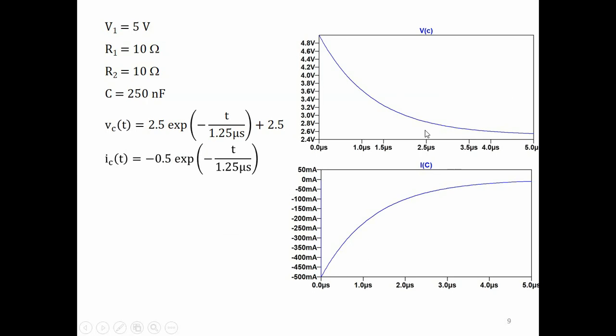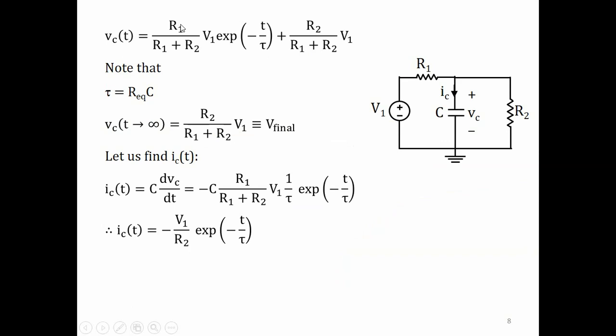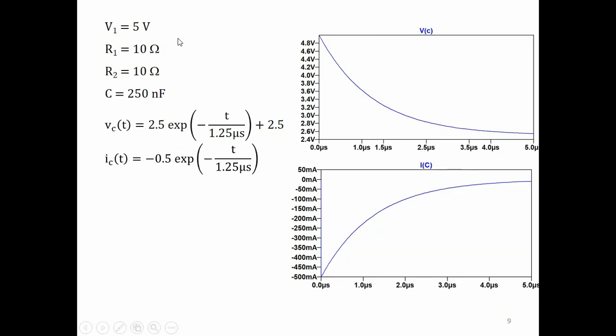So I have taken some representative values. V1 is 5 volts, R1, R2 are 10 and 10, and C is 250 nanofarads. If we put these values here, R1 is equal to R2, so this will be 0.5 V1. V1 is how much? 5.